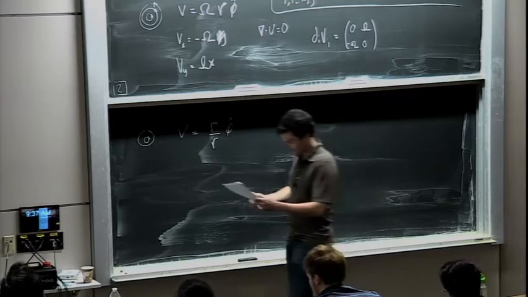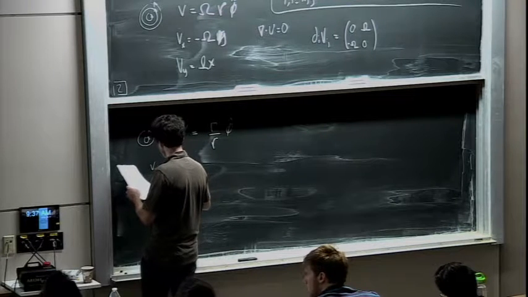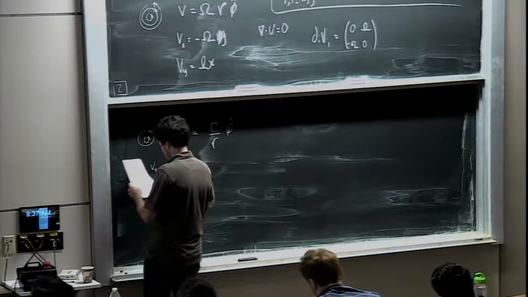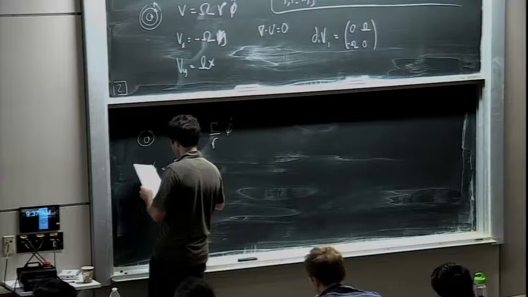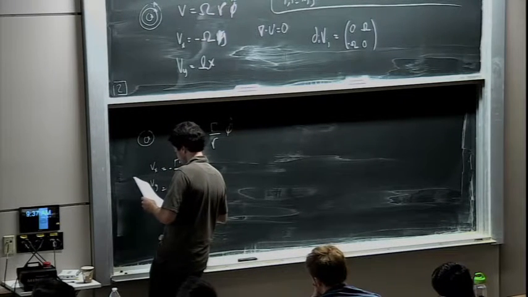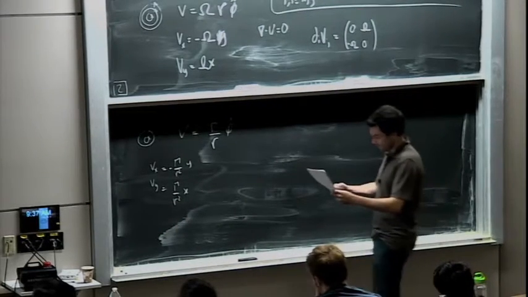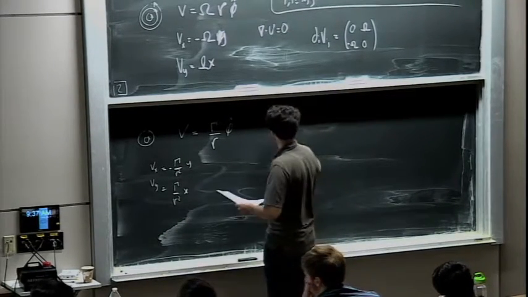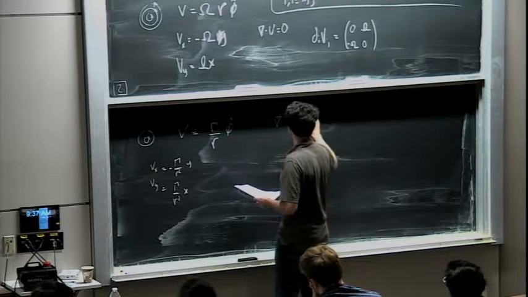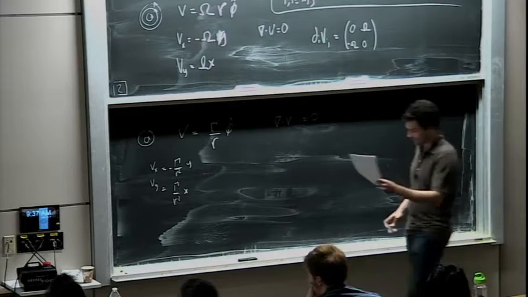And so our Vx and Vy are now proportional to minus gamma over r squared times y, and gamma over r squared times x. You can compute the invariants of this flow, and you'll find that the divergence is equal to 0 again, so there's no expansion or anything like that.